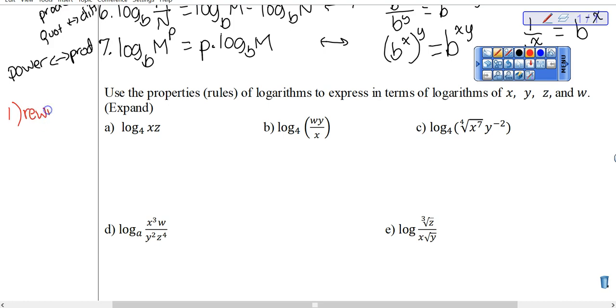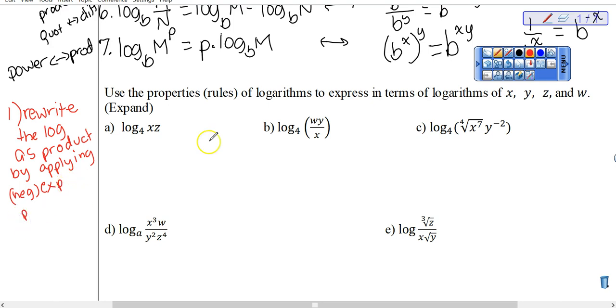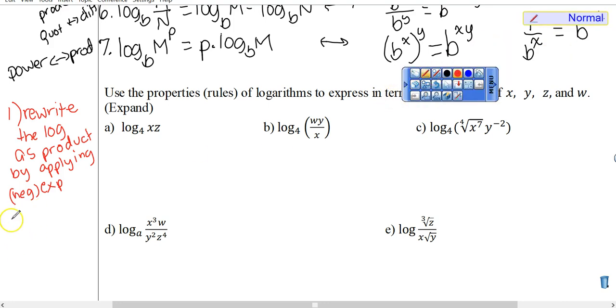I am going to suggest that you rewrite the log as a product by applying the negative exponent rule and the root to power rule.